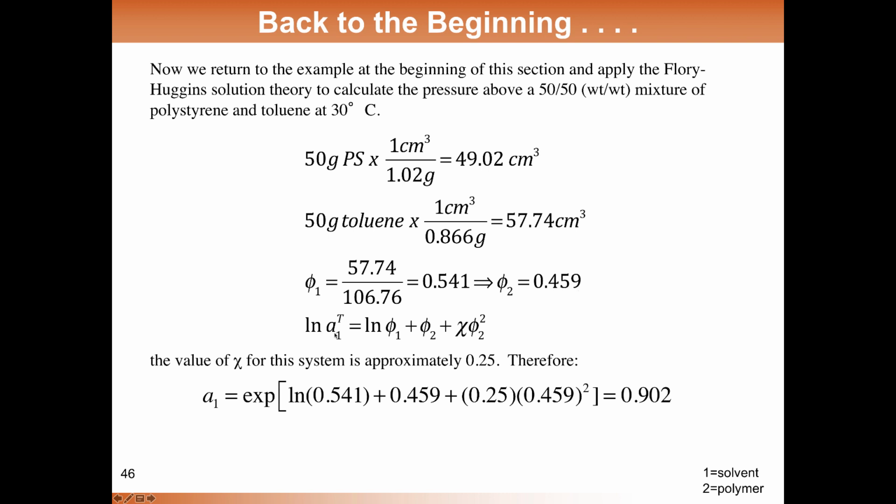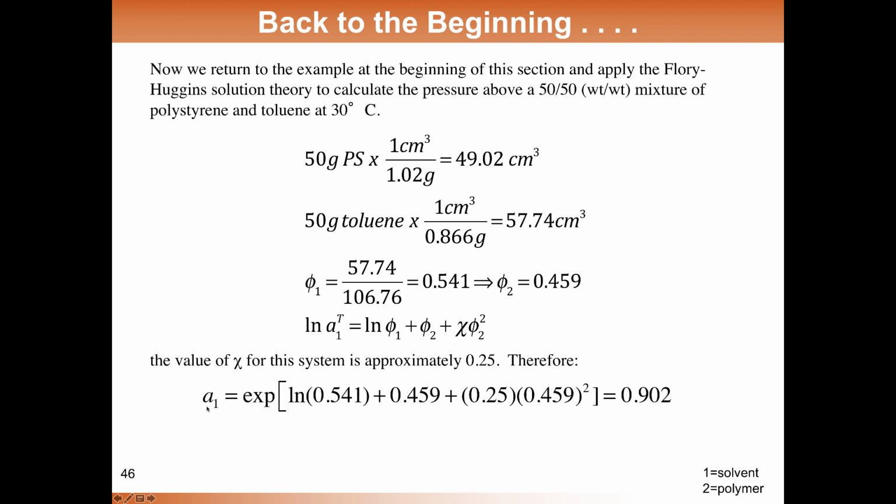The log of the activity of toluene is equal to the log of the volume fraction of toluene plus the volume fraction of polymer, plus chi times the square of the volume fraction of polymer. Values for chi for the polystyrene toluene system are about 0.25, so toluene is a good solvent for polystyrene.